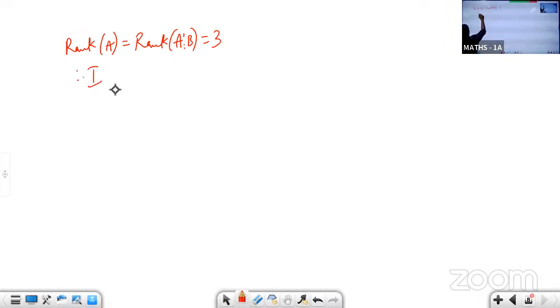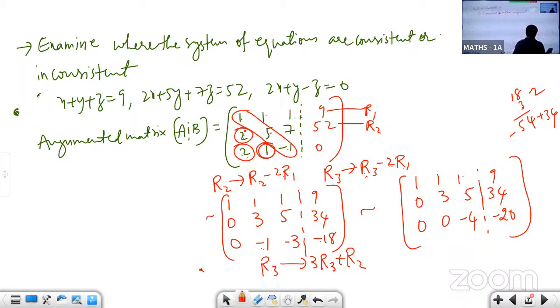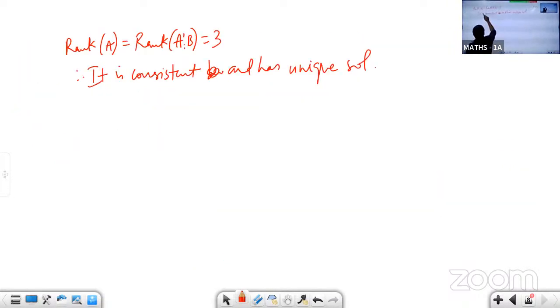Therefore it is consistent and has a unique solution. Is it clear? Rank of A equal to rank of AB, all are equal to 3, which is the number of non-zero rows, which is equal to the order of the matrix also, the number of variables, unknowns, right? So it is consistent and has a unique solution.